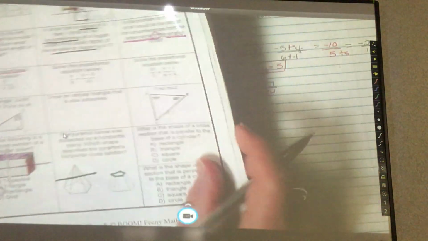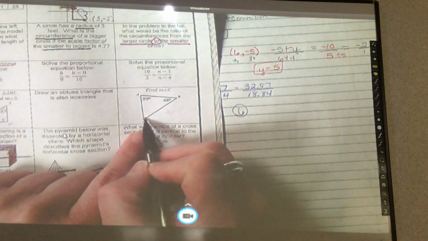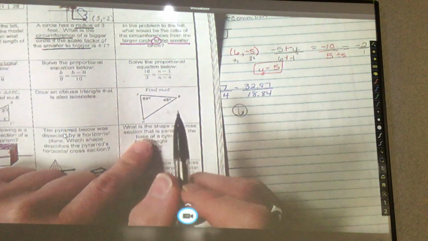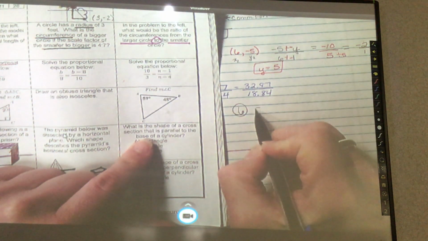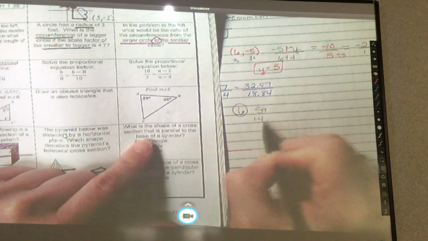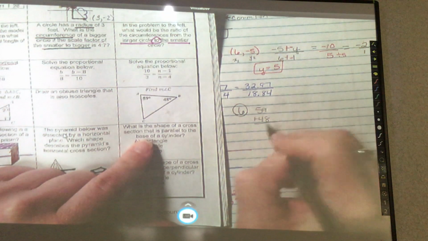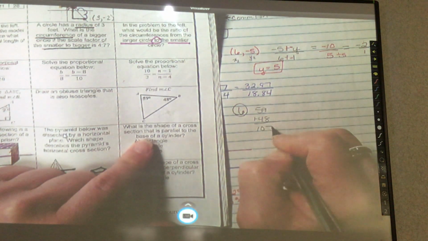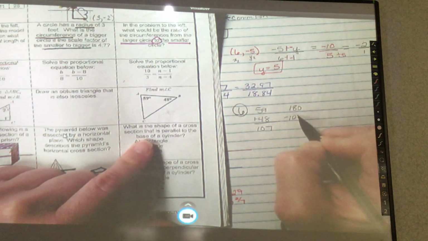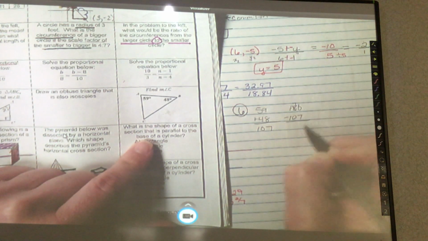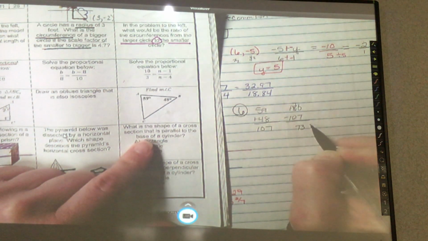Six, we're to find the missing angle. What did the angles have to add up to in a triangle? So I have 59 plus 48 is 107. So I take 180 minus 107, and I get 73 degrees.